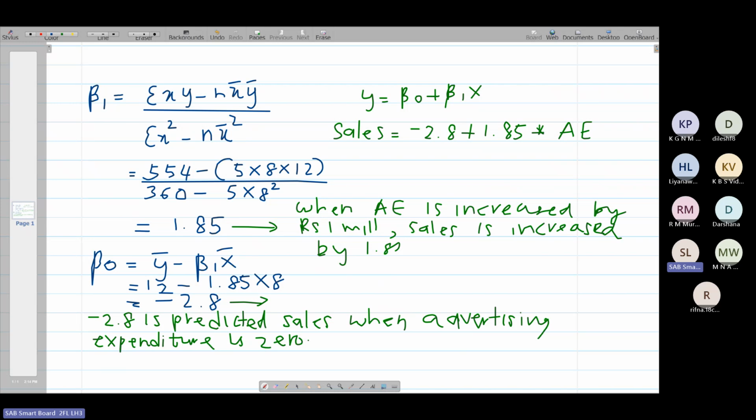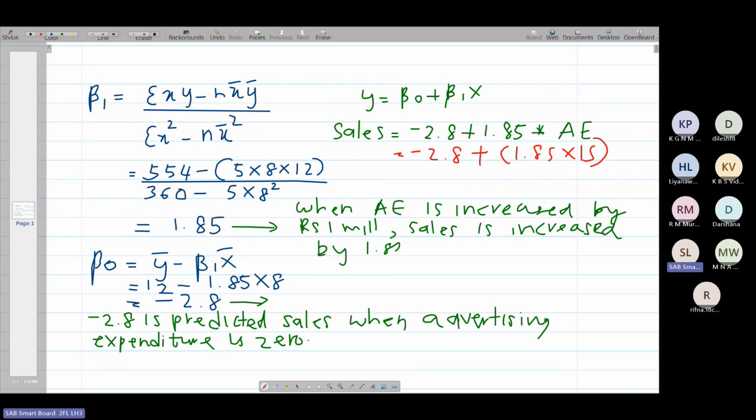Then here you can substitute minus 2.8 plus 1.85 into the advertising expenditure value. Using the regression model, we can predict or estimate the value of the dependent variable.